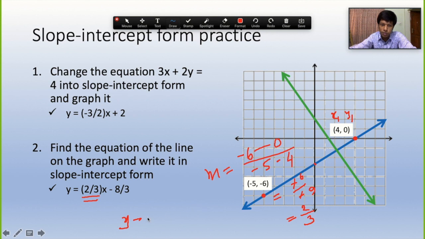So write here 0. y minus y1 equals m, that means 2 by 3, into x minus x1, and x minus x1 is 4. You just do the calculation and you will get this simply. Already we can see the answer. This is y, then 2 by 3x, then 2 by 3 multiplied by 4 you get 2 into 4 equals 8, and 3 is down here. So we get them.